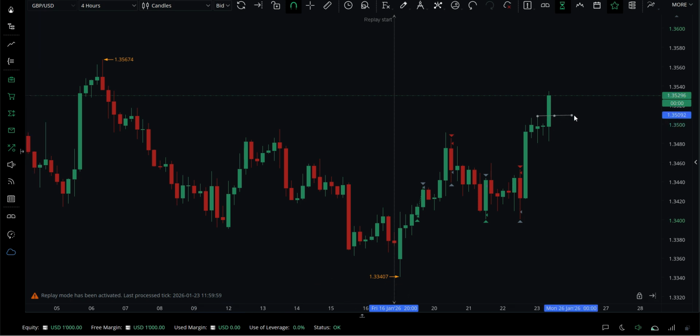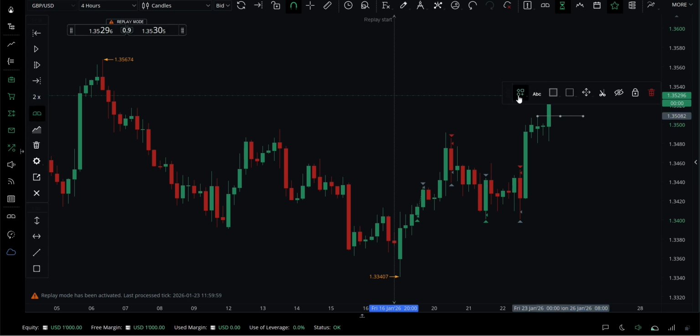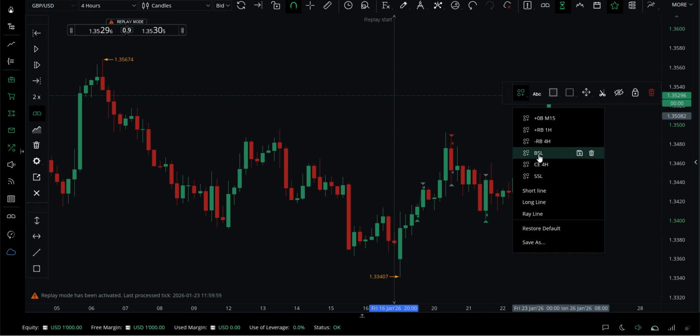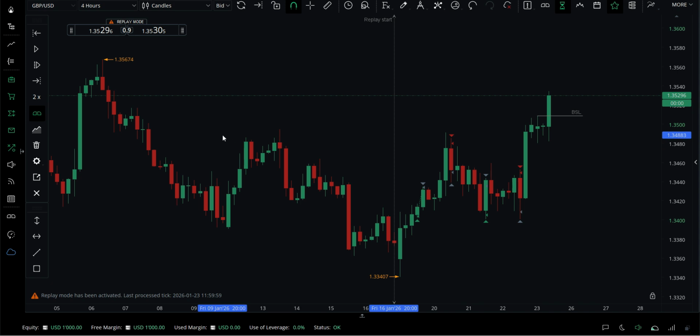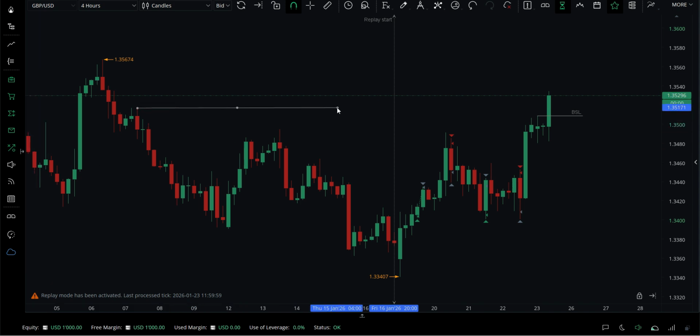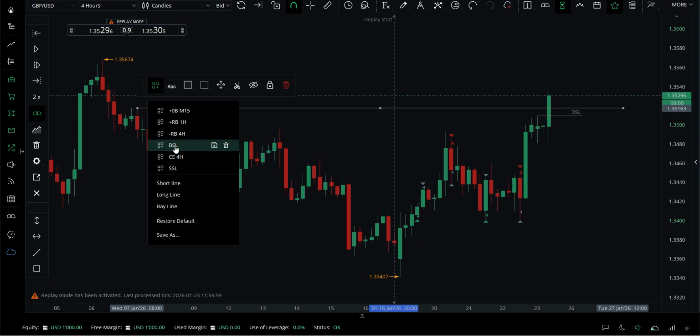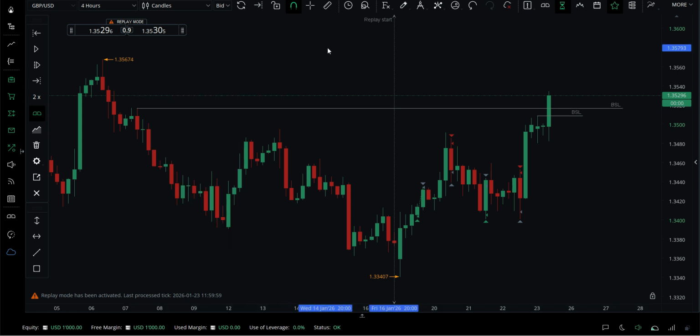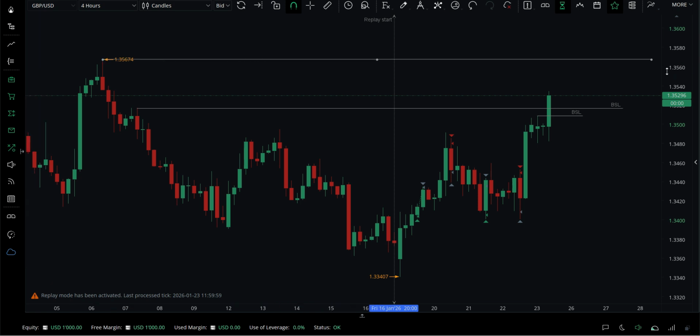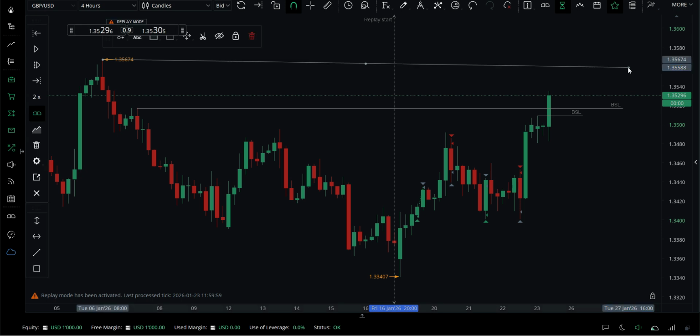This area of buy side liquidity had been taken. This area of buy side liquidity had been taken as well. And there was this area of buy side liquidity waiting to be taken.